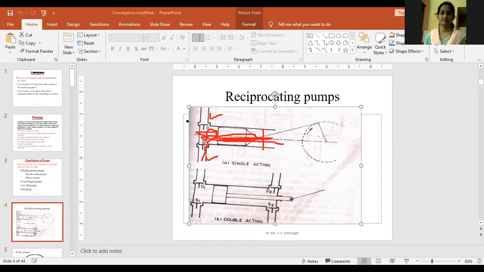At that time, automatically, with the pressure of water, this valve will go down and it will be closed. Both these valves are one-way valves.